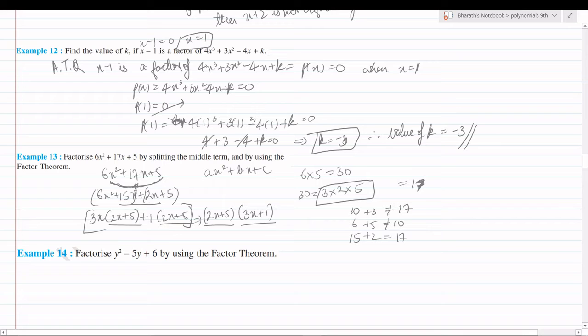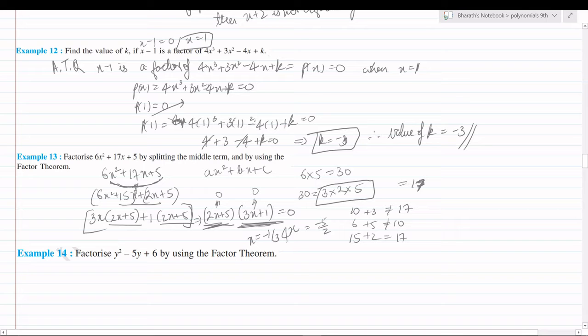And further, when they ask for the value of x, you should just substitute both these factors equal to 0. You get x is equal to minus 1 by 3 for this, and x is equal to minus 5 by 2 for this.